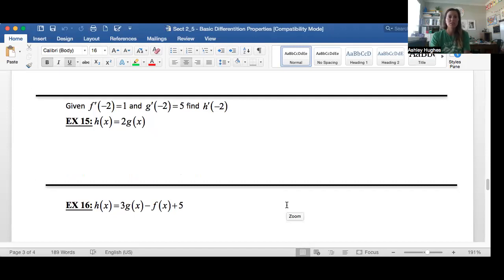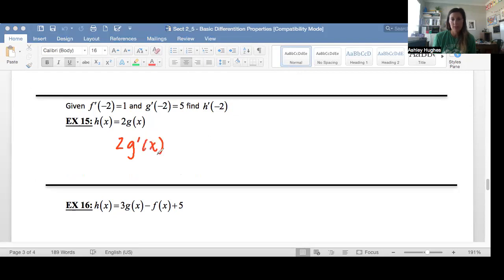Okay, so, all right, so this is just function notation. Sometimes students struggle with this, but I don't want you to overthink it. If I take the derivative of g, we just write g prime. It's that simple. Then it's asking us to find what is h prime of negative 2.